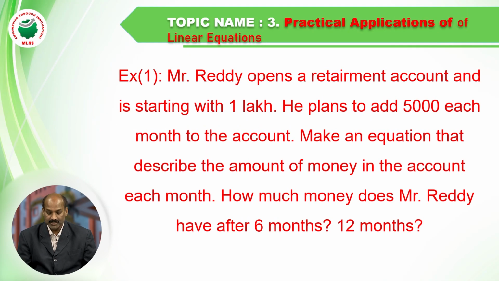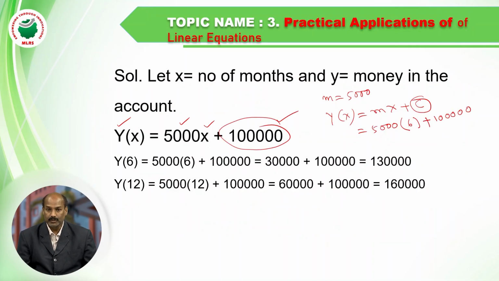You see, this problem, example 1, is a big documentation, but we changed these many sentences into a single mathematical equation. That is y of x equals 5,000x plus 1 lakh. Now here x represents the number of months.